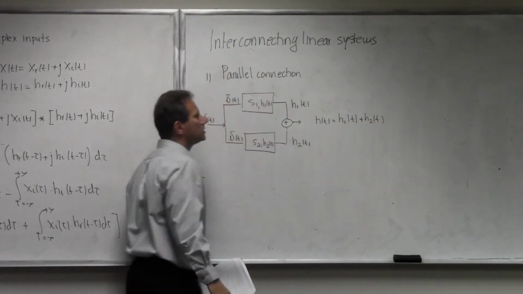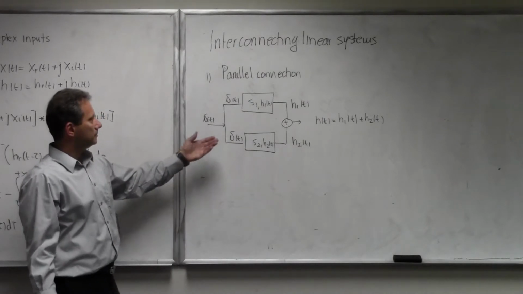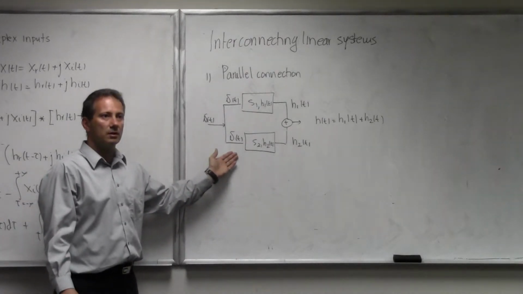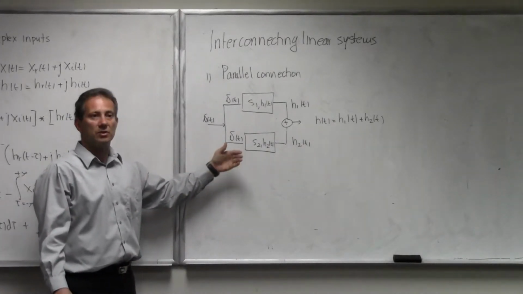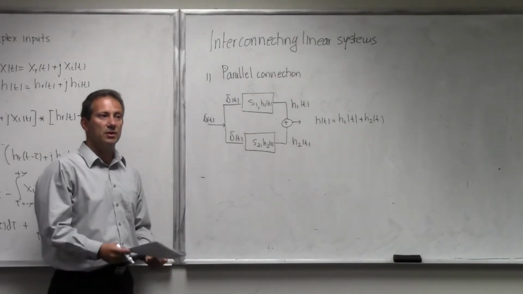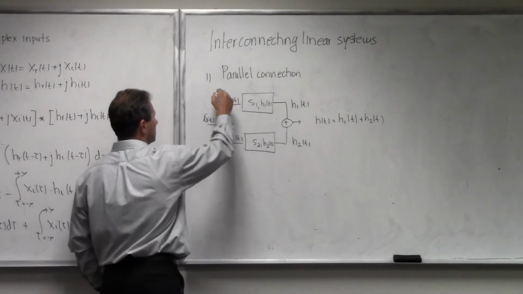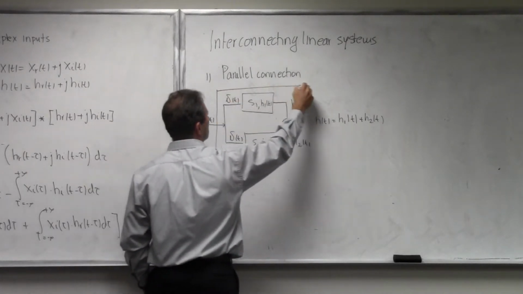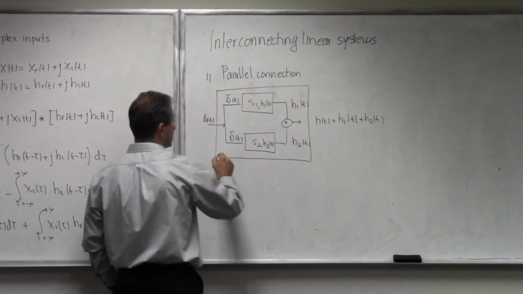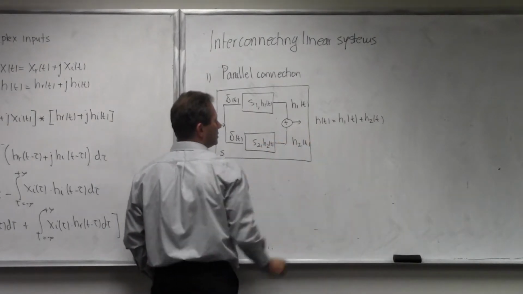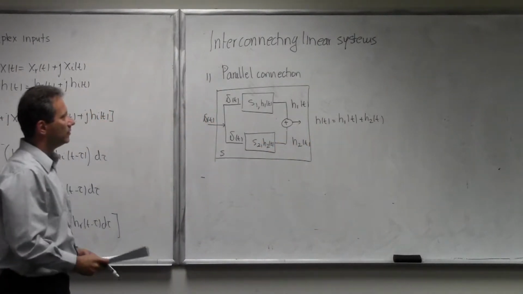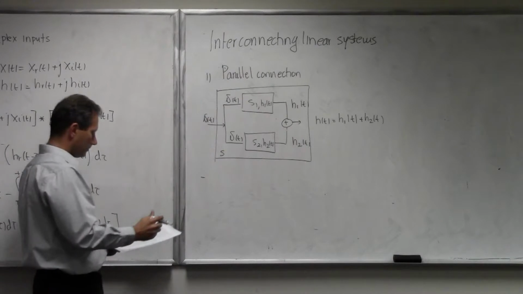So if you have two systems in parallel, the impulse response of the entire system is going to be the sum of the impulse responses for the individual system components. So this system here, S, can be understood as having an impulse response that is equal to h of t, and it's the sum of these individual impulse responses.